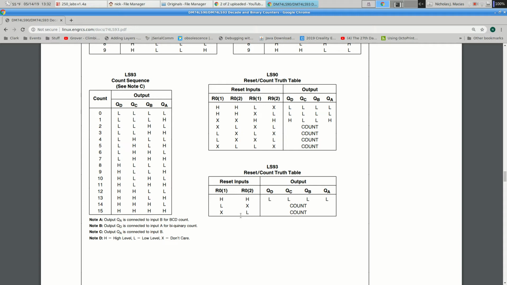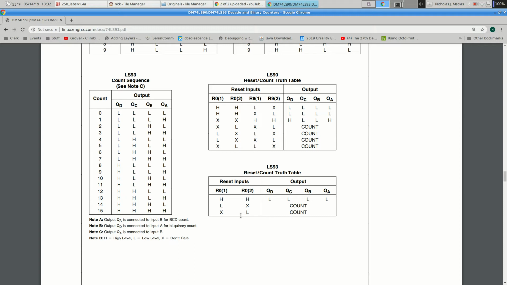Okay, so take a look at the R0 inputs in this lower right table, and it says if R01 and R02 are both high, the output is all low. It's not doing anything. If R01 is low, it will count, and if R02 is low, it will also count.